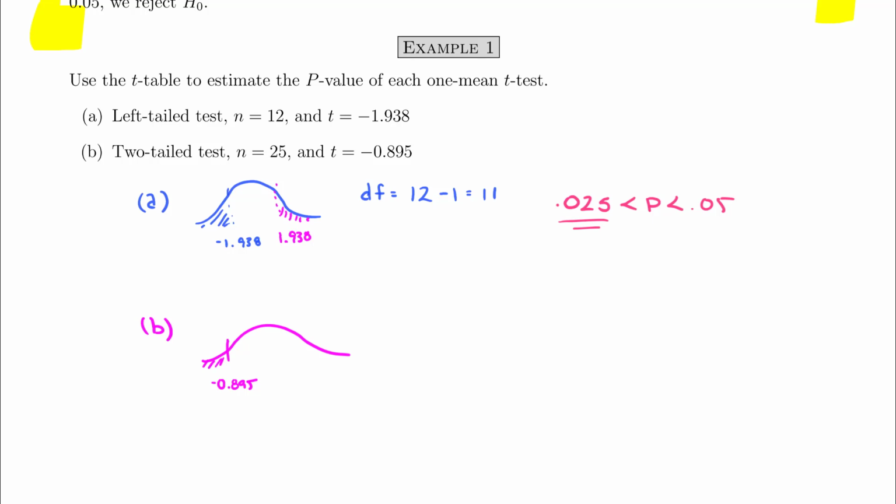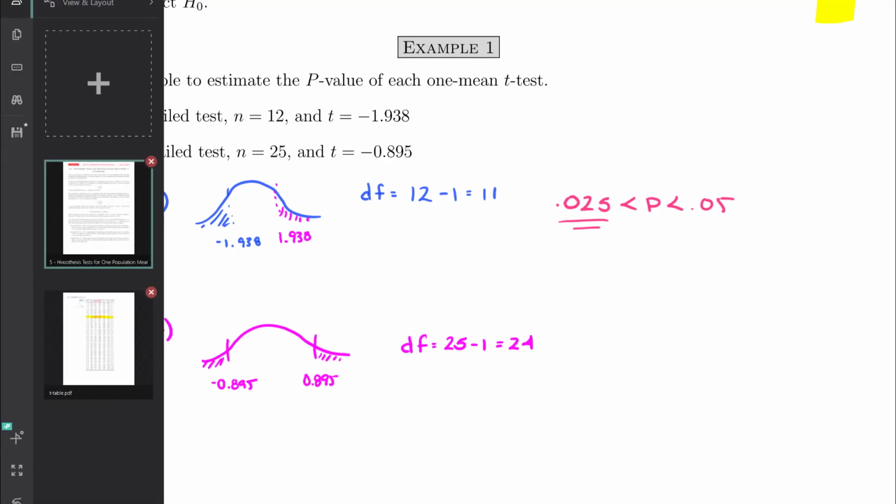We're including that area, and we're also including the area to the right of positive 0.895. So anything that lies in those two rejection regions, we would reject the null hypothesis. Again, we have to compute our degrees of freedom, which is 25 minus 1, equal to 24. And anything that falls within this region, we would reject based off of the t-table.